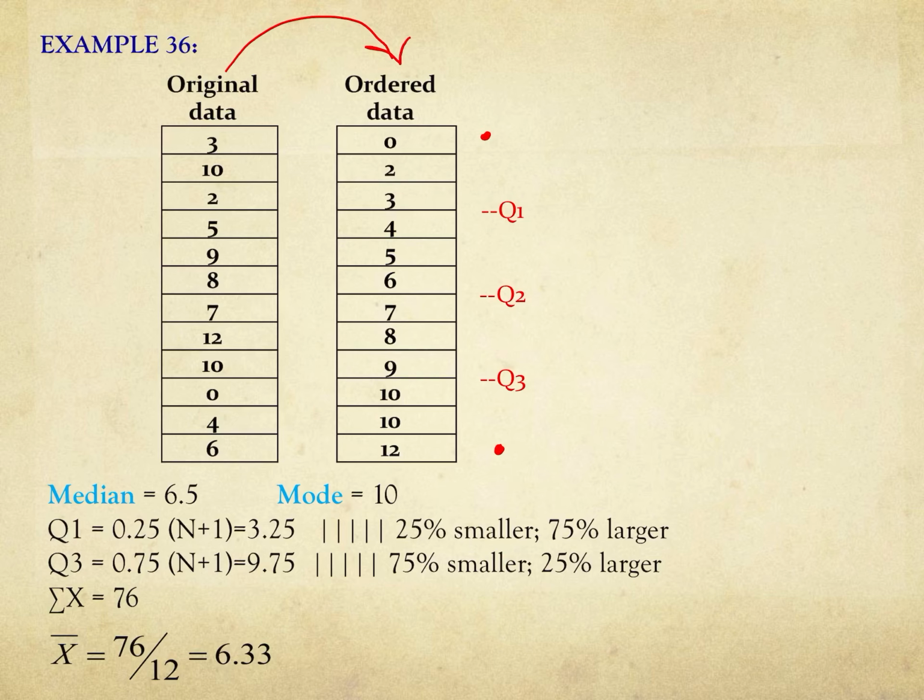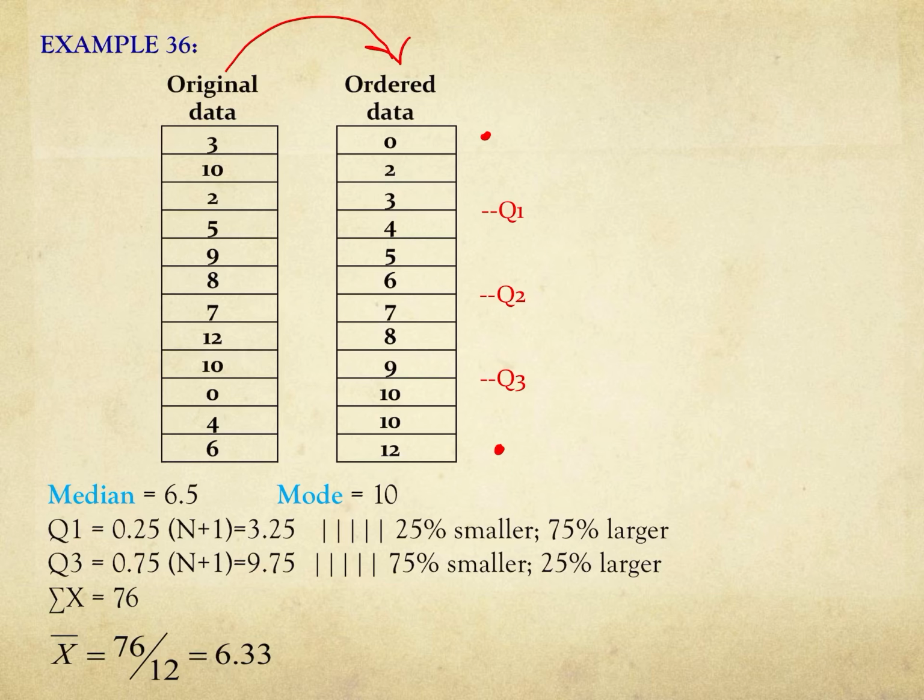Then you use this formula. Our n is the number of values present in the data set. So we have 0.25 times n plus 1 for our Q1, and then we have this for our Q3.